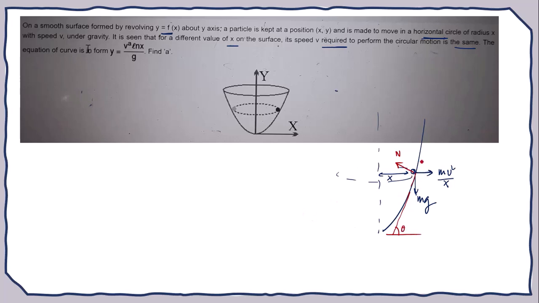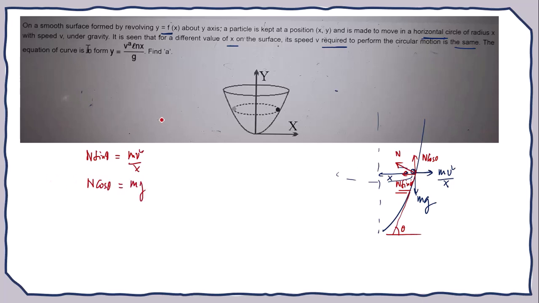So if that is theta, then this angle is also theta. This is 90 minus theta. And this is theta. So it becomes N cos theta and this becomes N sin theta. Okay. So in equilibrium, N sin theta should balance m v square by x, and N cos theta should balance mg.